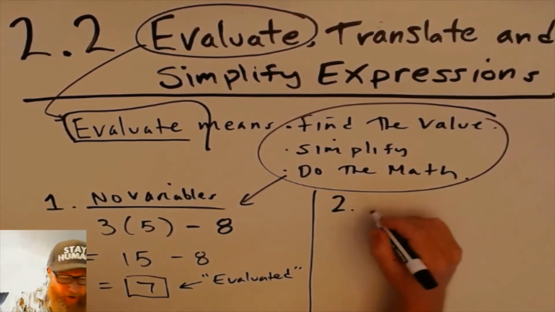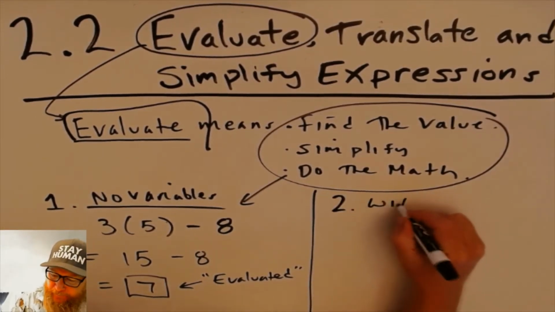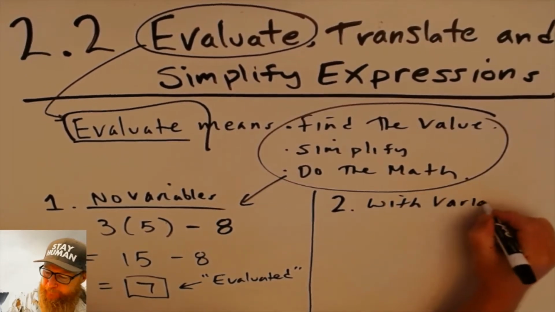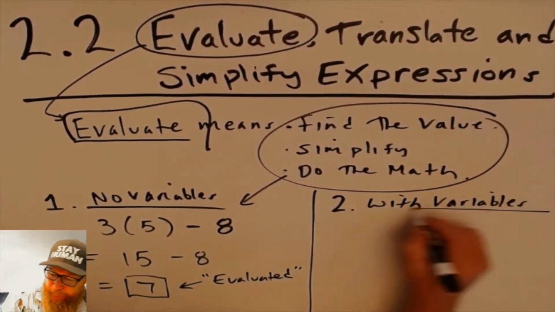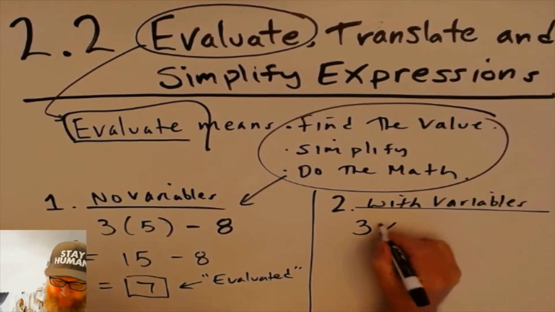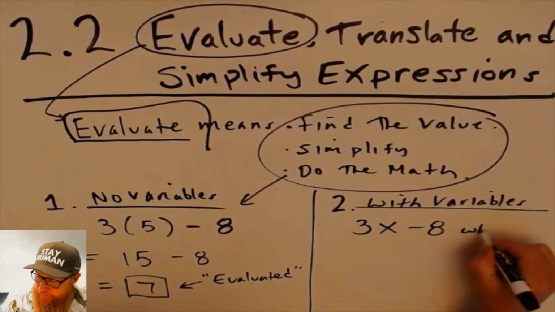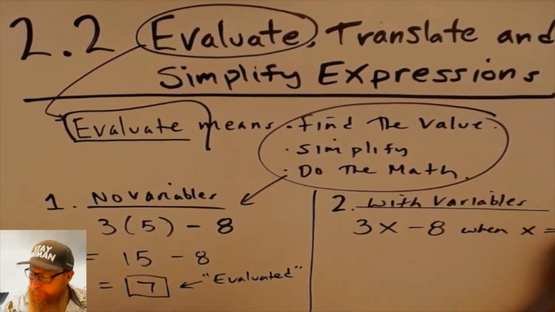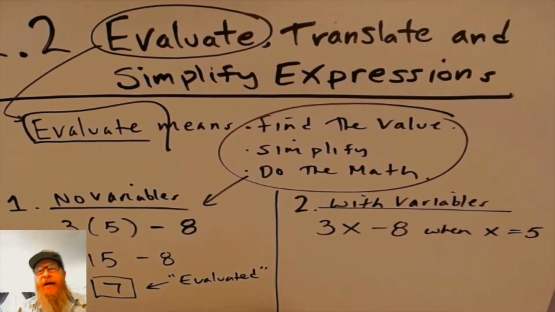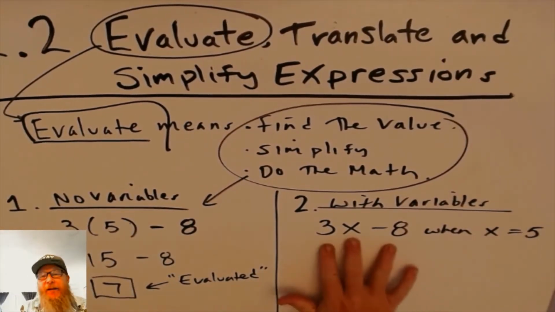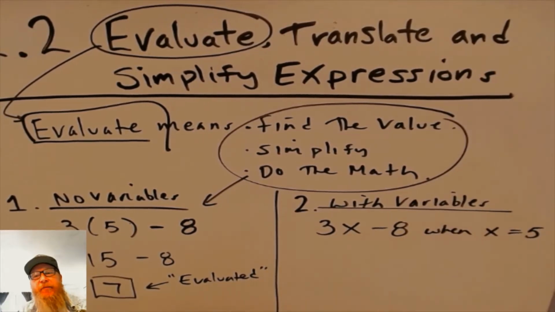However, if there are variables, I can say something like this. Evaluate 3x minus 8 when x equals 5.